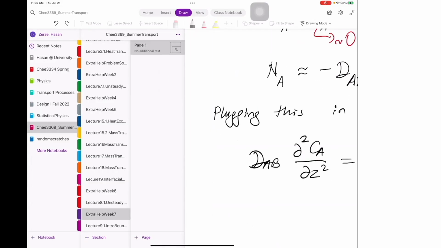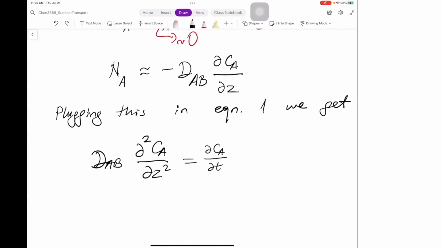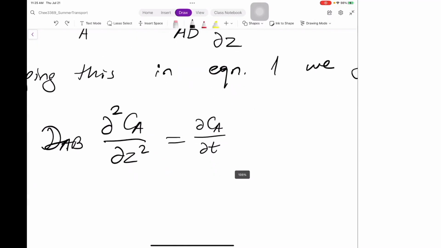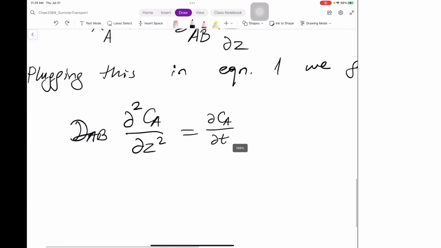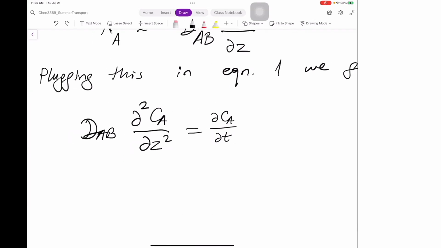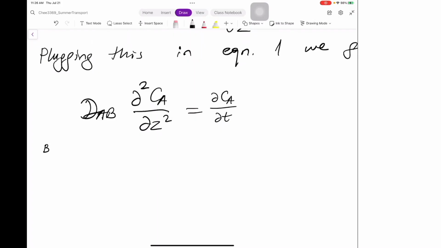Okay, so let's see. And the way we solved this was, let me write down the boundary conditions first, right? The boundary conditions.